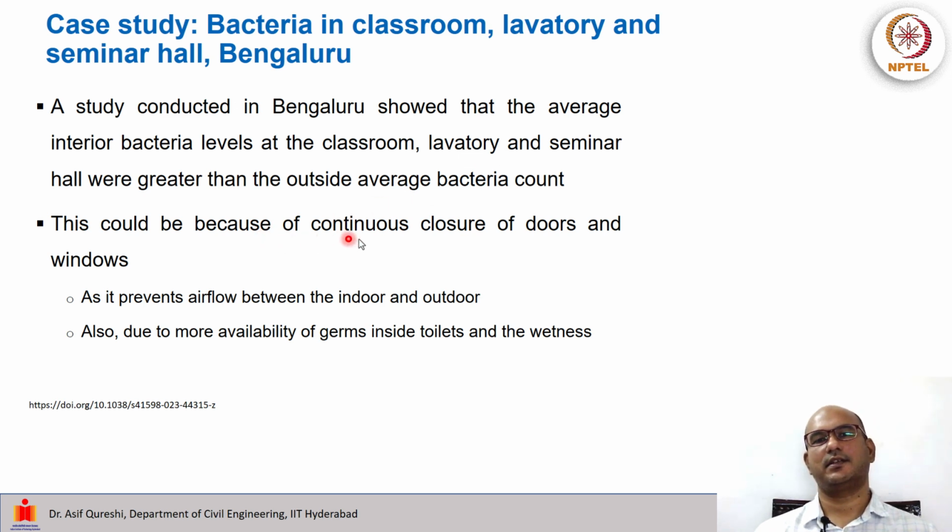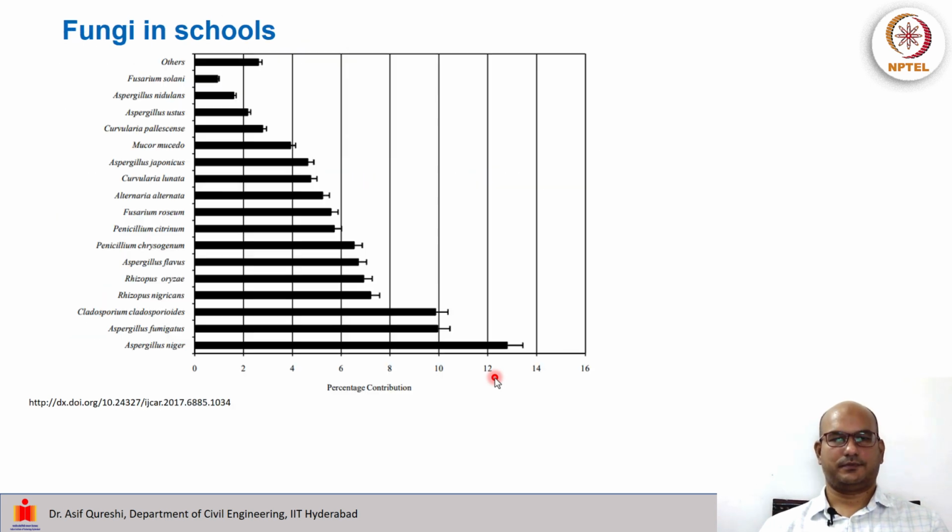Also, it was seen that the doors were not open all the time, which prevents ventilation, and we know that in the absence of ventilation or at low ventilation there will be a build-up of whatever was emitted indoors. So therefore we see an increase in the indoor bacterial levels. That is again due to more availability of microbes in the lavatory area. So we have already covered that lavatory especially can have more microbes.